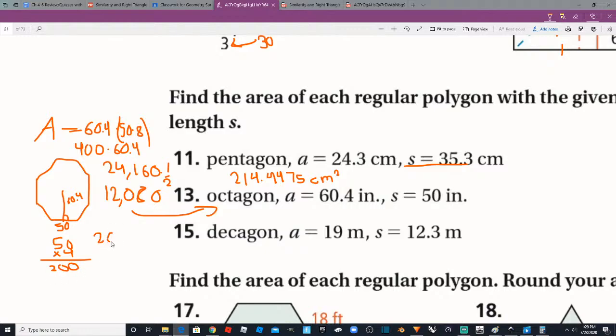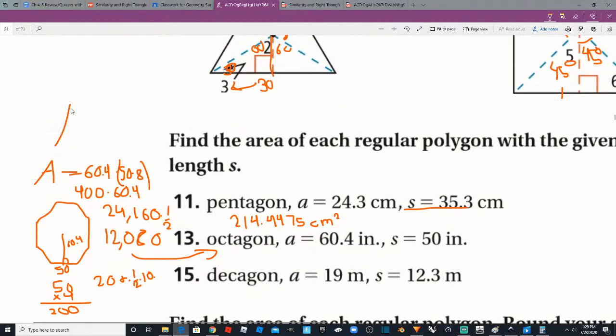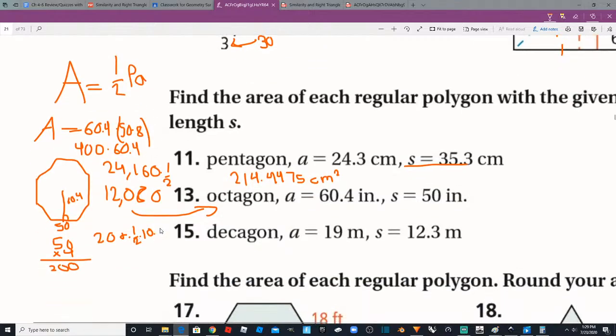And then 200 multiplied by 1/2, multiplied by the apothem. Our area formula is A is equal to 1/2 perimeter times apothem. So let's go ahead and do that. 200 multiplied by 1/2 multiplied by 60. I wrote it wrong here.